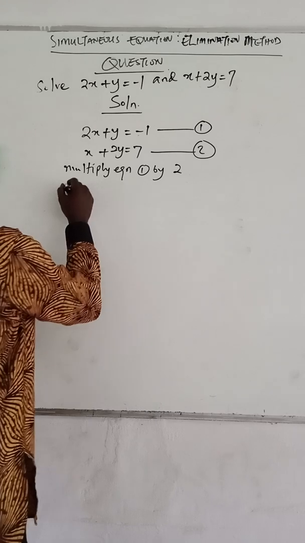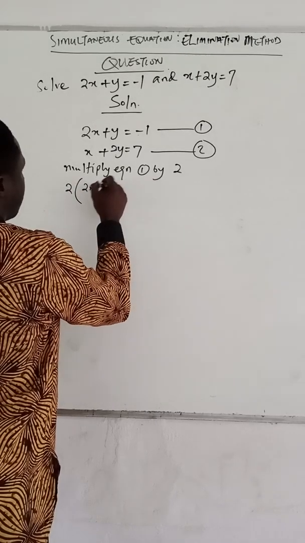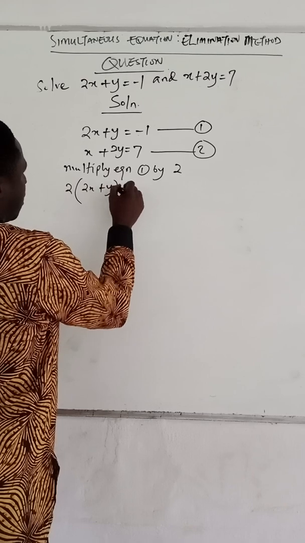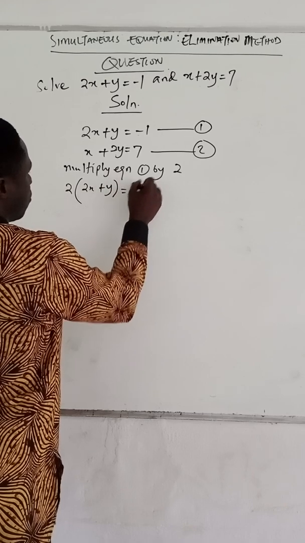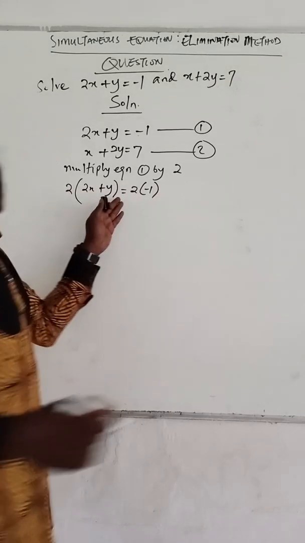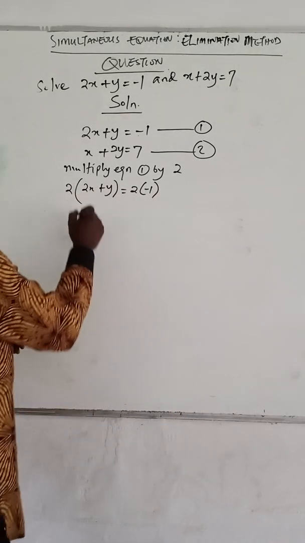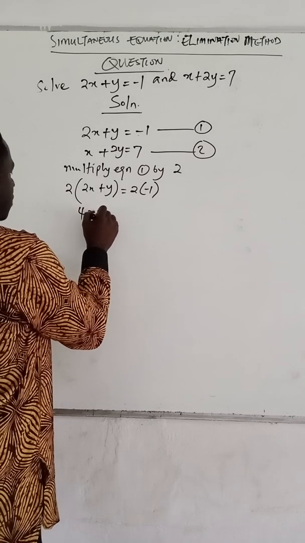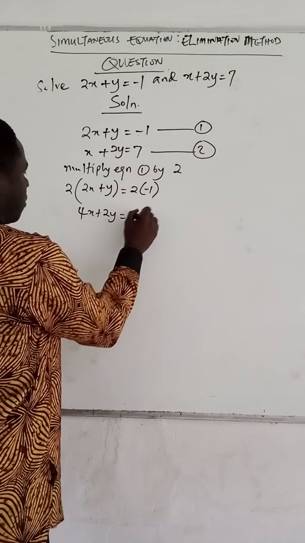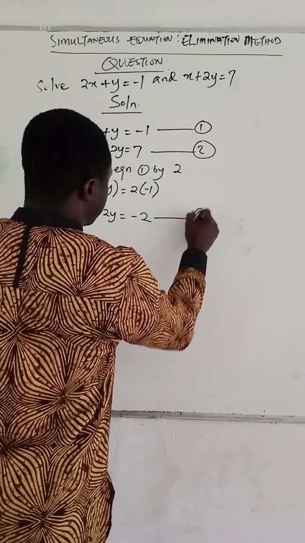Therefore, we'll have 2 into 2x plus y equals 2 bracket minus 1. We'll not only multiply the left hand side, we must also multiply the right hand side. So if we break the bracket now, we have 4x plus 2y equals minus 2. We can call this equation 3.